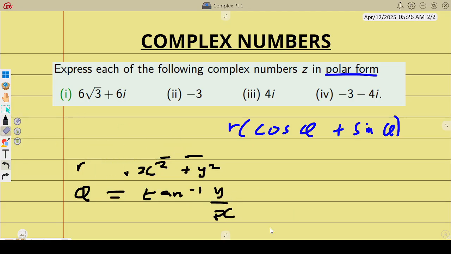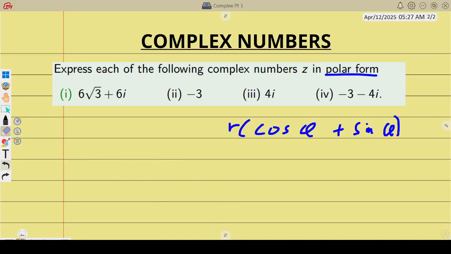Now we are going to start with the first one. How do we convert this? Firstly, we should find r. So r is the root of x squared plus y squared.